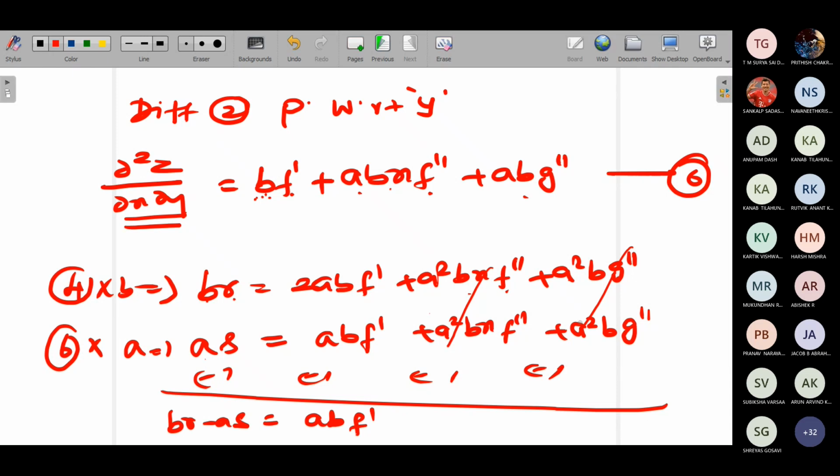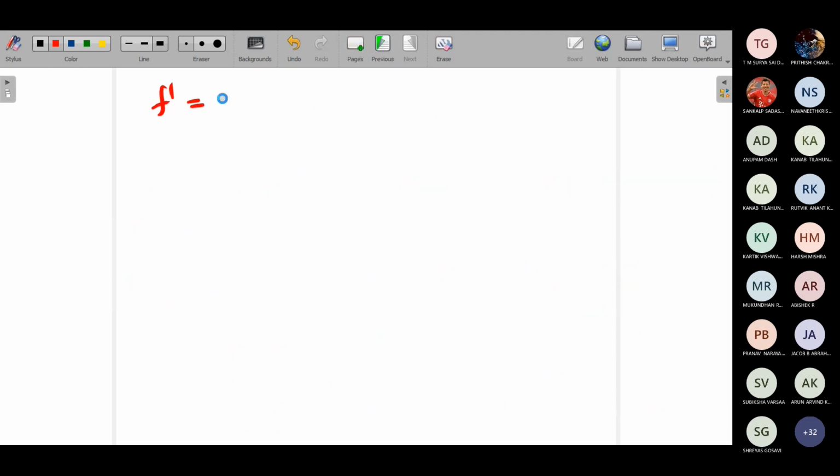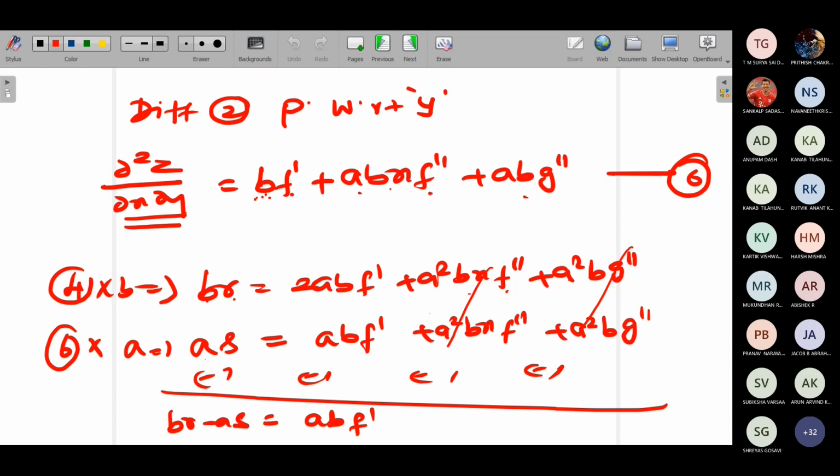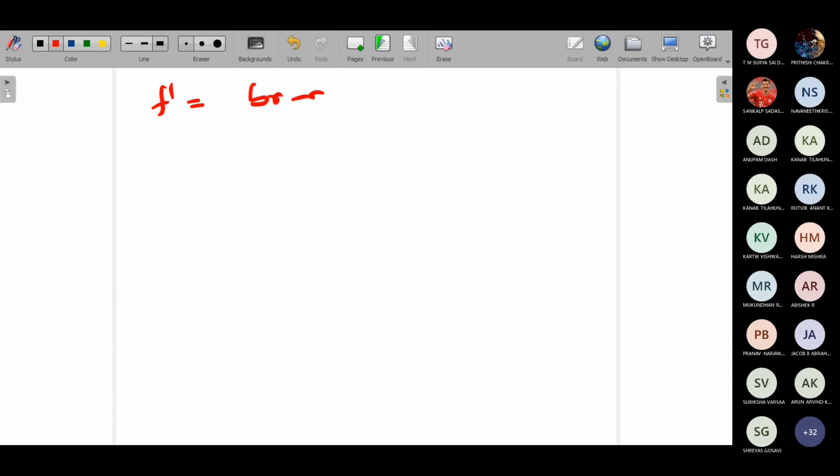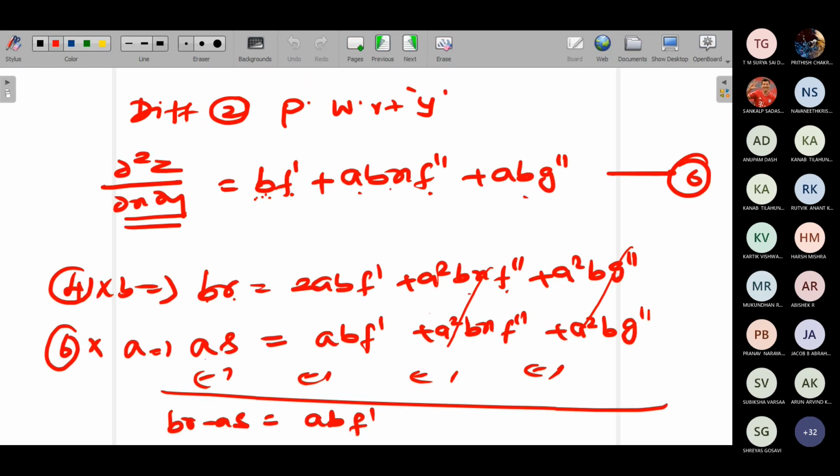From this I can get the value of f dash. So what will be my f dash? F dash will be equal to br minus as divided by ab. Correct?